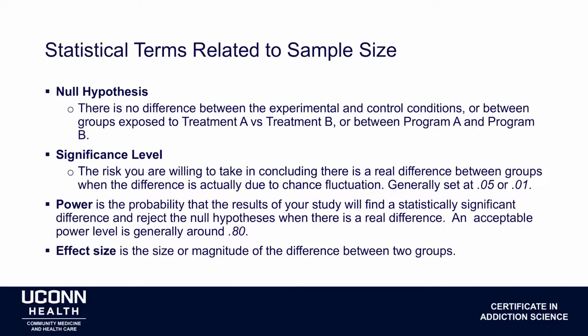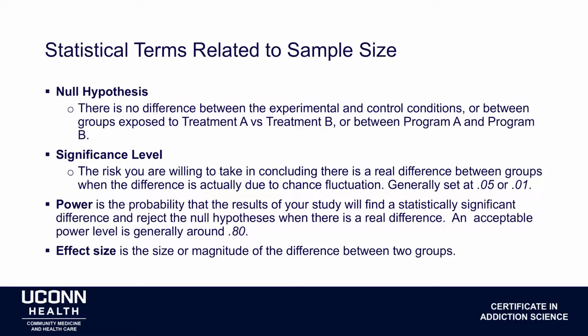Another term that's important is significance level. And as you've undoubtedly become familiar with in a course on statistics, generally the significance level is set at 0.05 or 0.01. These traditional values determine the risk that you're willing to take in concluding that there is a real difference between groups when the difference is actually due to chance fluctuation.